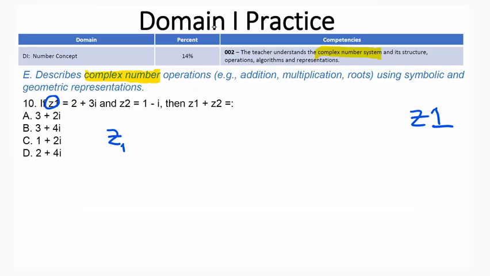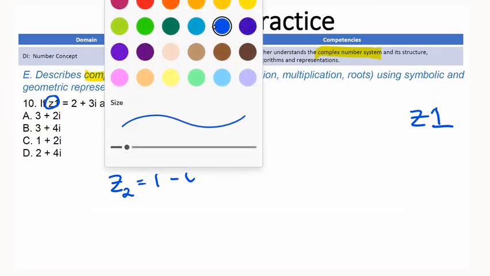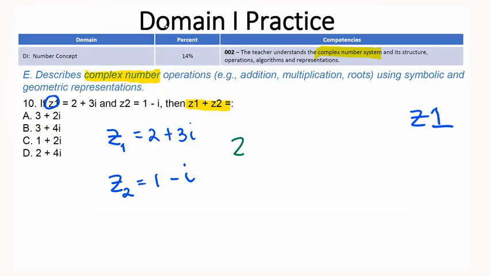Okay, z sub 1 is 2 plus 3i, and z sub 2 is 1 minus i. Then find z sub 1 plus z sub 2.